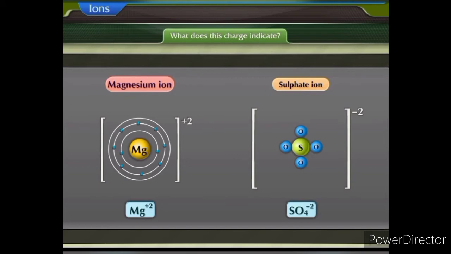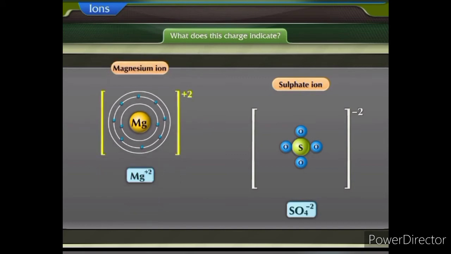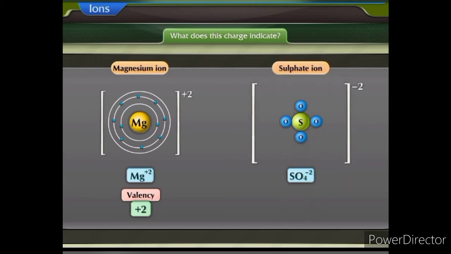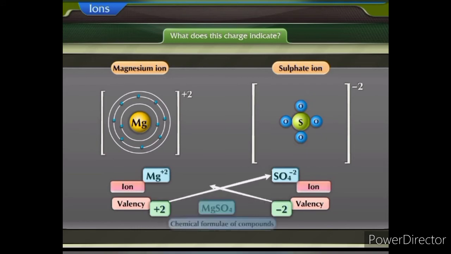Magnesium ion is written as Mg2+. The 2+ charge indicates its valency is +2. Sulfate ion is written as SO4 2-. The 2- charge indicates that its valency is -2. The valencies of ions are useful in writing the chemical formulae of compounds.